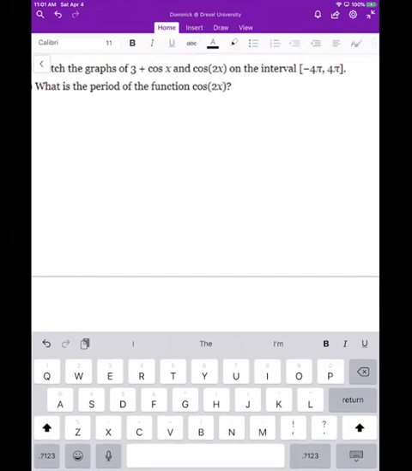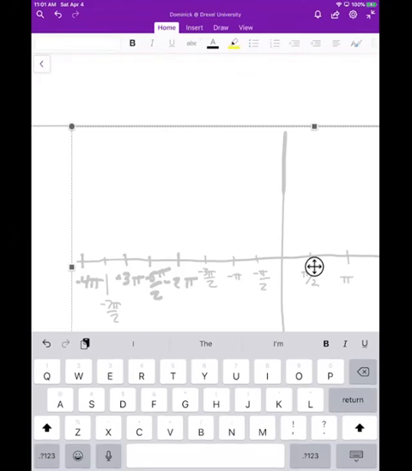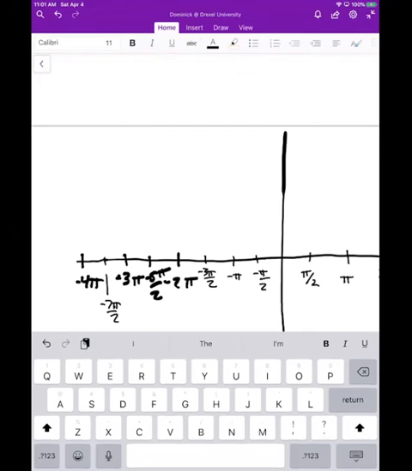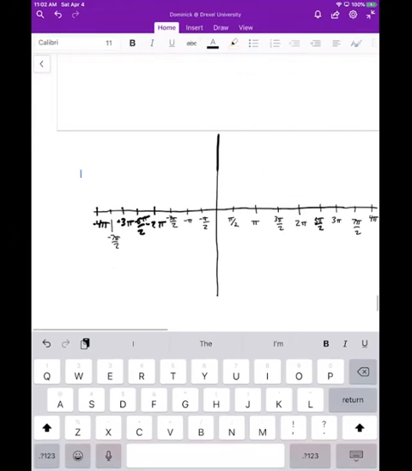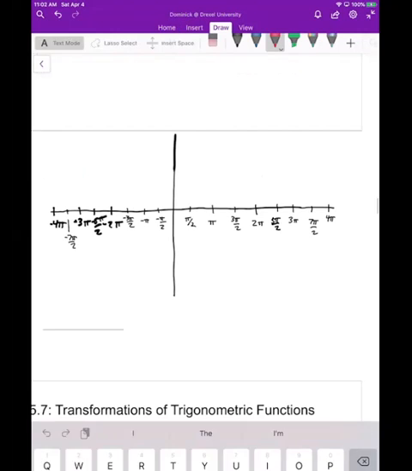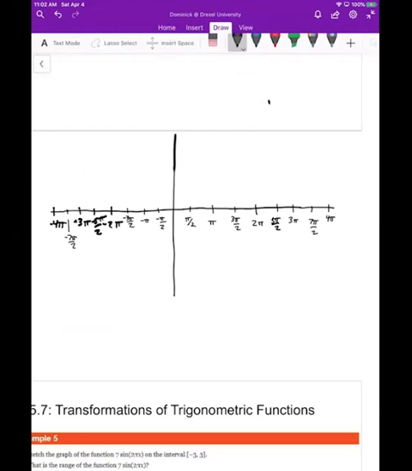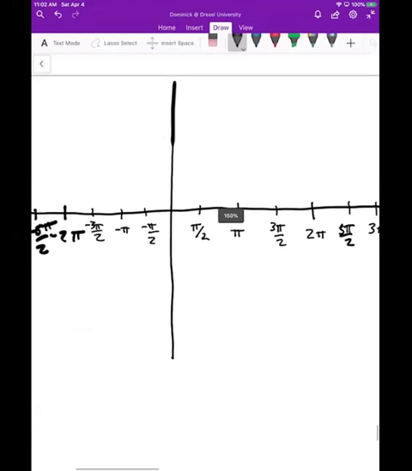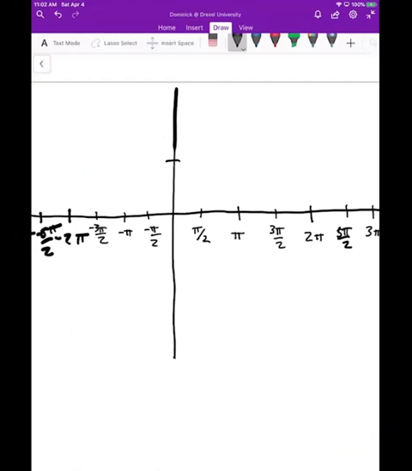Now I said that the number in front of the x is going to affect the period, but let's just go through it by hand. I'll make this 1, I'll make this -1. Let's look at y equals the cosine of 2x.